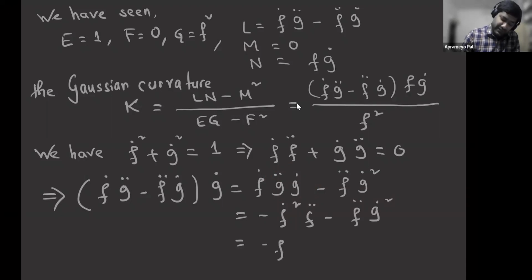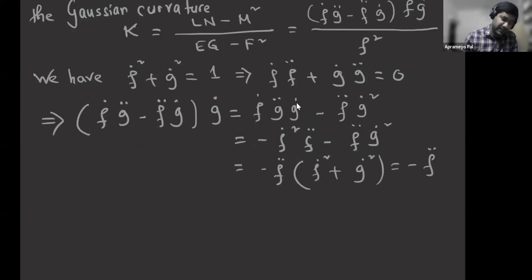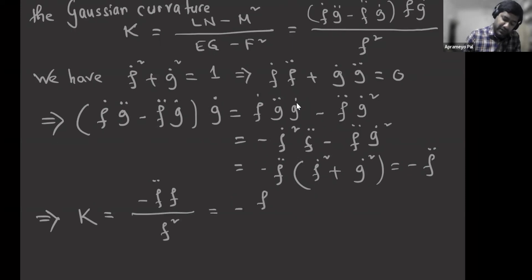It's like a linear calculation: minus f double dot, and now you again get f dot square plus g dot square. So this is minus f double dot. Okay, that's quite nice. So the Gaussian curvature K is minus f double dot times f divided by f square, which is nothing but minus f double dot by f. It's okay, right? It's clear.